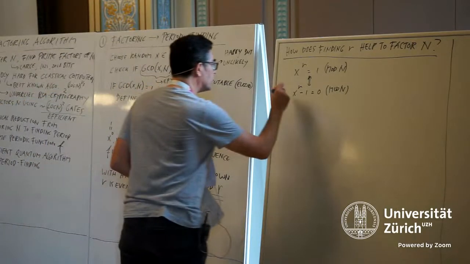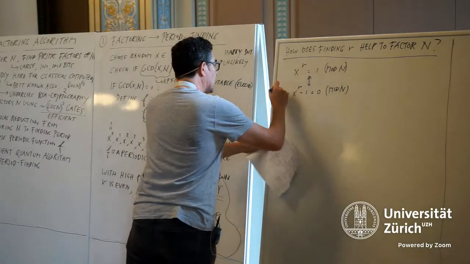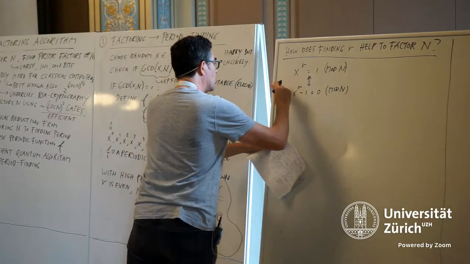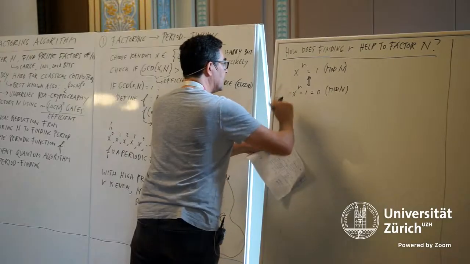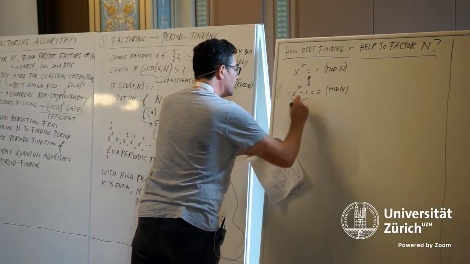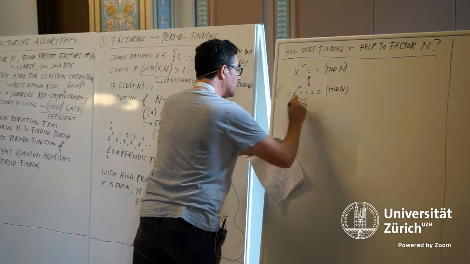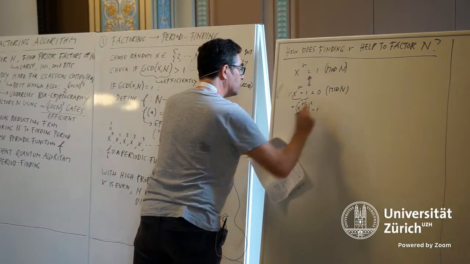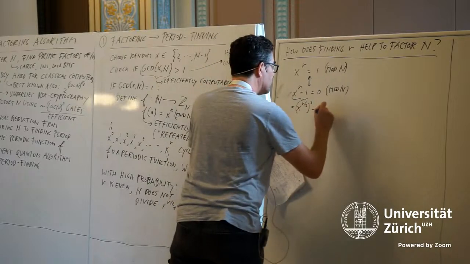So we can also write this as the square of x to the r over 2 minus 1 is 0 modulo n.